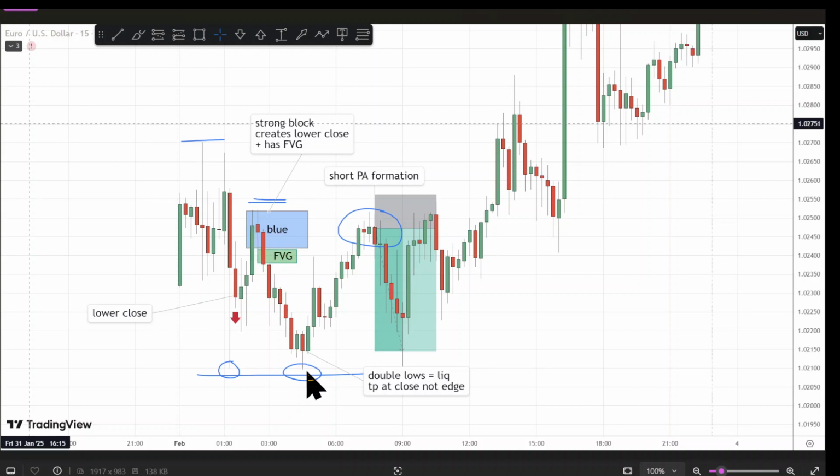Now, the circles I draw at the spikes like this, and the line I draw like this, because in my head I see the double low. It's the reverse of the highs, but if you watch Dave, he says double highs touch the lows.